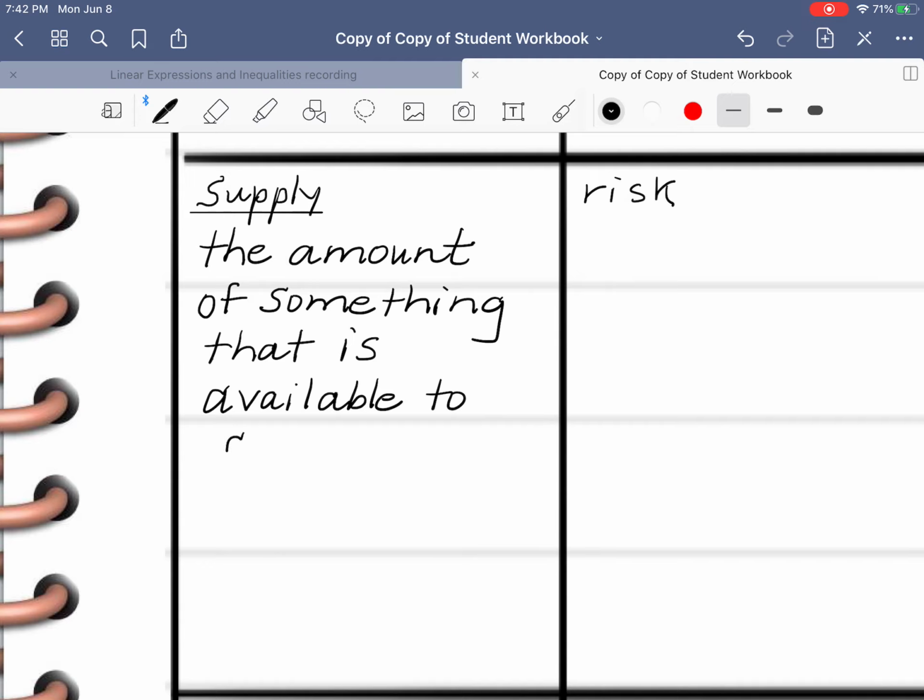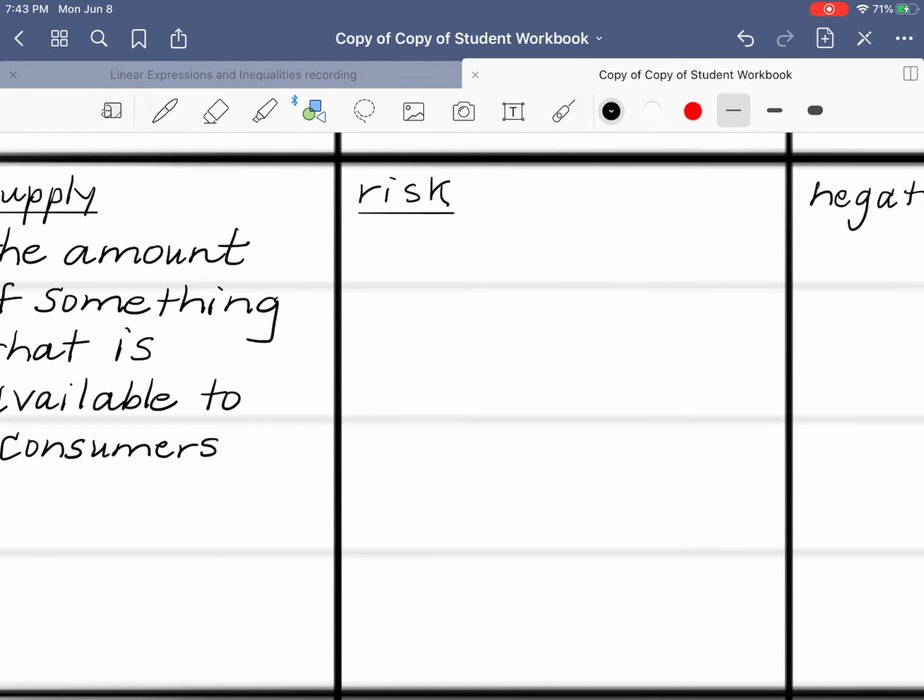If you only have one dentist in a town with 100,000 people, you can imagine how busy she's going to be. But if you have 1,000 dentists in a town with 10,000 people, those dentists are not going to be able to find work. So the supply is the amount of something that is available.